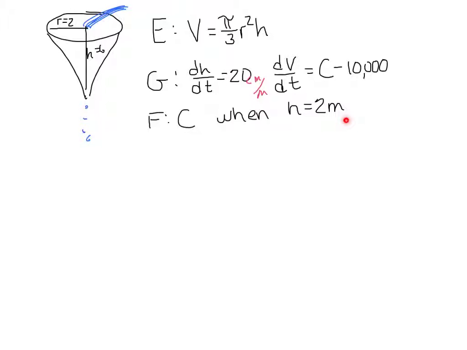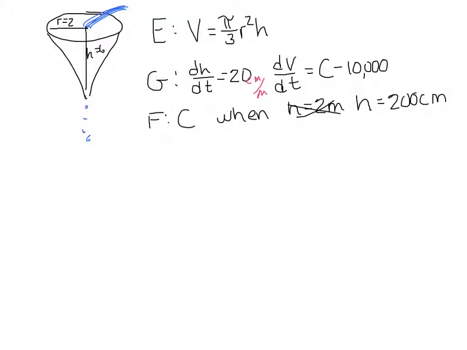So one of the things we have to do to be able to do this problem is a little conversion: we have to convert meters to centimeters, so our height is really 200 centimeters. If we don't do that, we'll be off by a factor of 100, and that factor of 100 actually ends up getting squared or something like that, so it'll be off by an even bigger factor. So there is all of our given information.